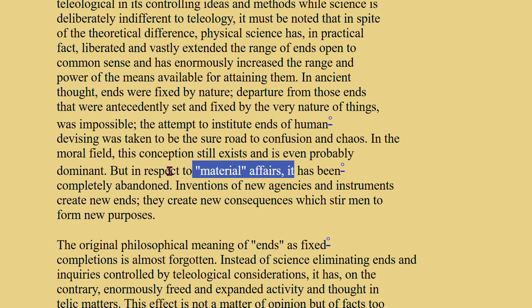This is changing somewhat. Dewey lived before the specter of climate change and before other pollution-oriented problems. But, of course, we want scientific solutions to those problems, most of us.